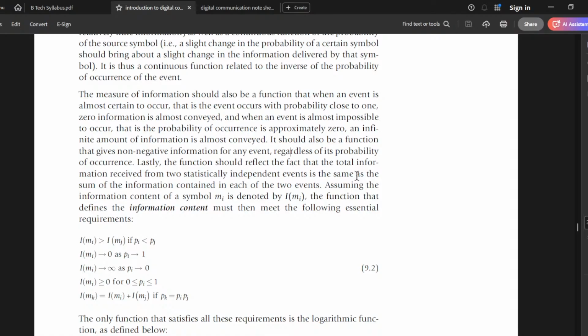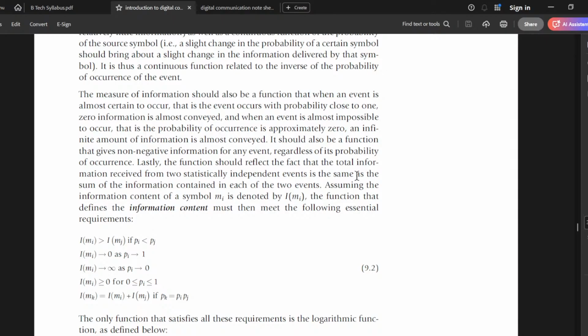Okay, so there are some conditions. The first one: the probability of the occurrence is close to 1. If P is very close to 1, then the information transmitted is 0, zero info.